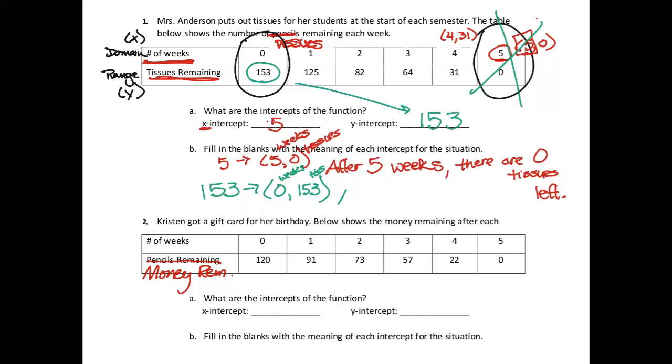So I could say after 0 weeks, which seems a little odd to say. Another way to say that would be at the beginning of the year. That would be 0 weeks, right? At the beginning of the school year, there were how many tissues? 153 tissues.